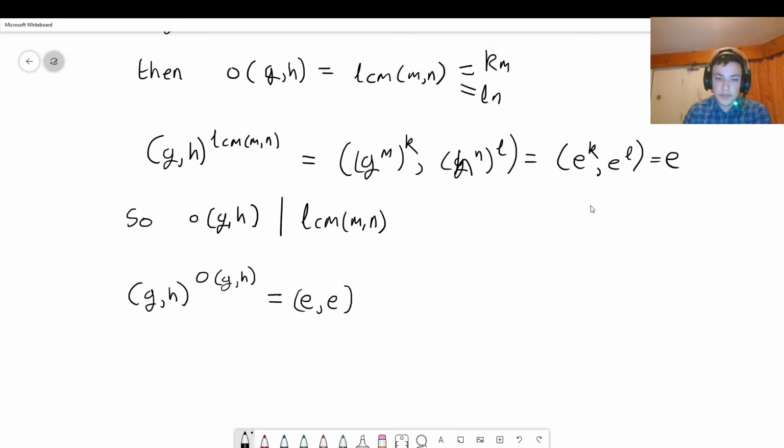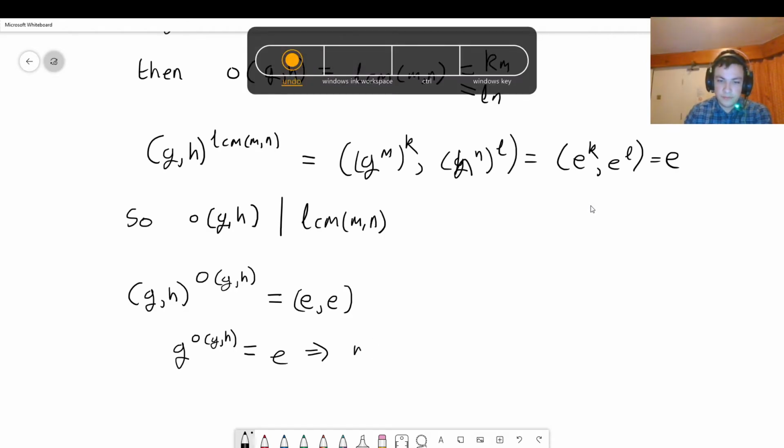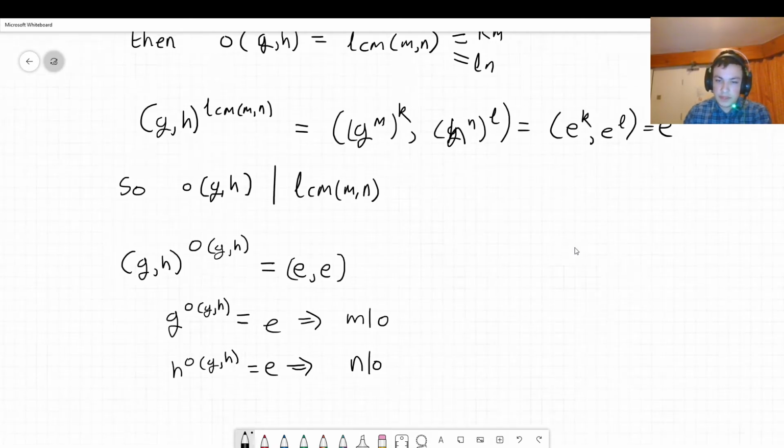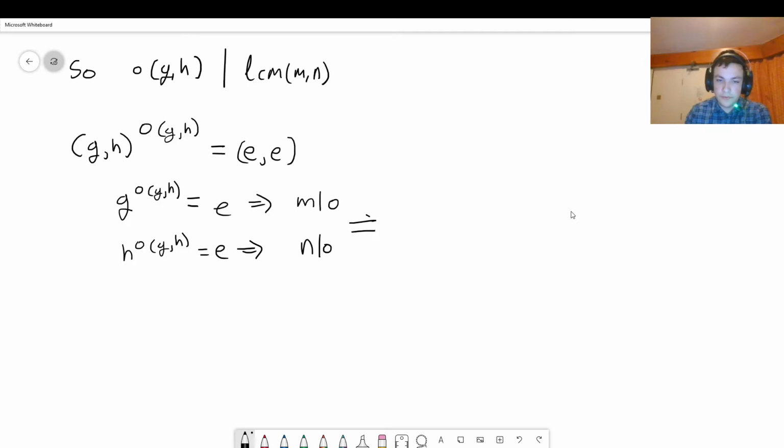Therefore g to the O(gh) equals e, so that means that m divides the order, and repeating, h to the O(gh) is equal to e, so n divides the order. Therefore the LCM of m and n divides the order of gh, and because O divides L and L divides O, they must be equal.